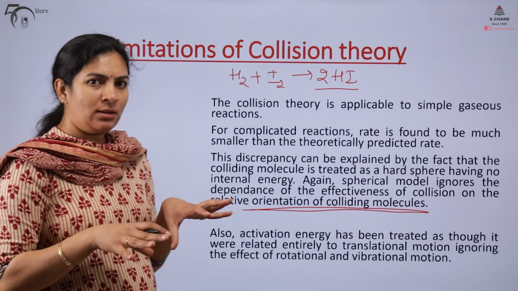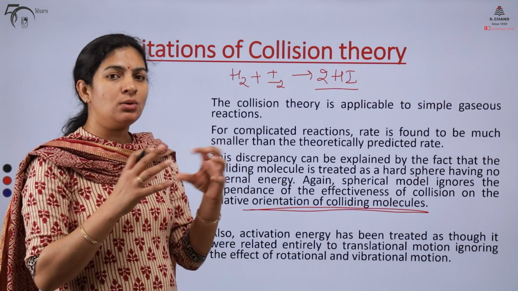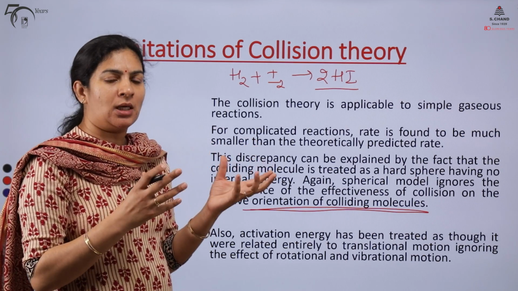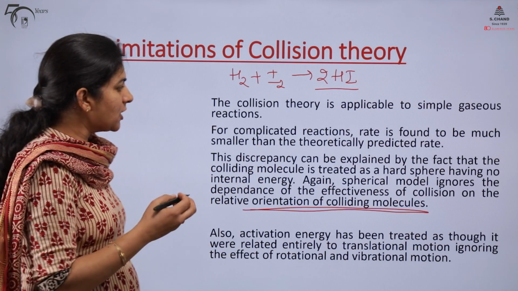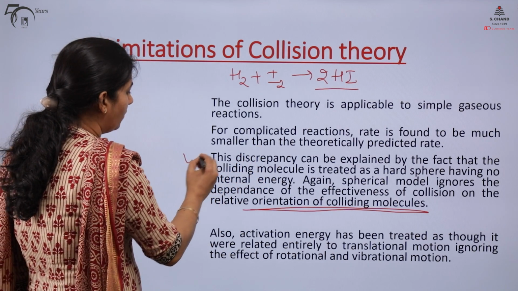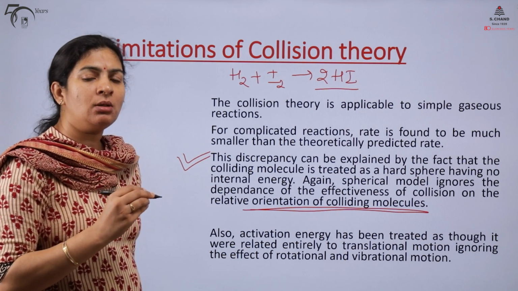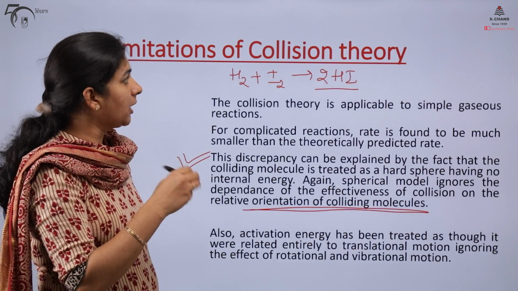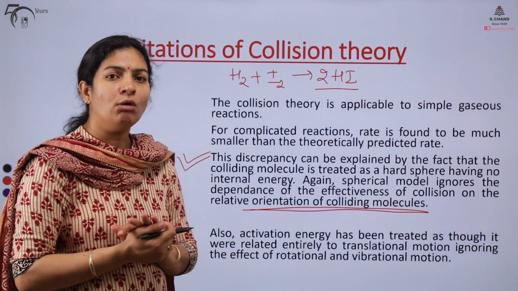So this is one limitation on the basis of which we were getting different results as per collision theory and experimentally. This reason explains why we were getting a lesser rate of reaction experimentally compared to what was predicted by collision theory of gases.